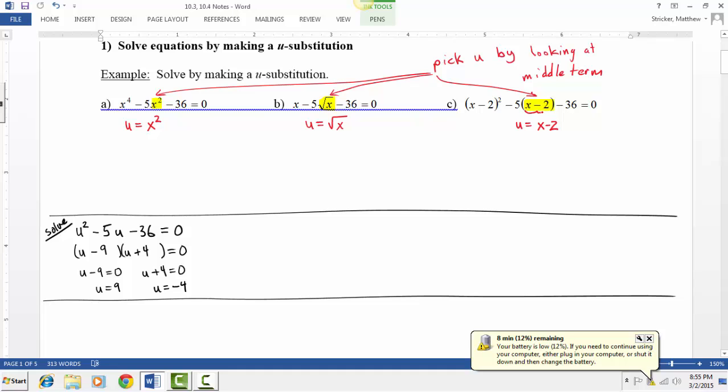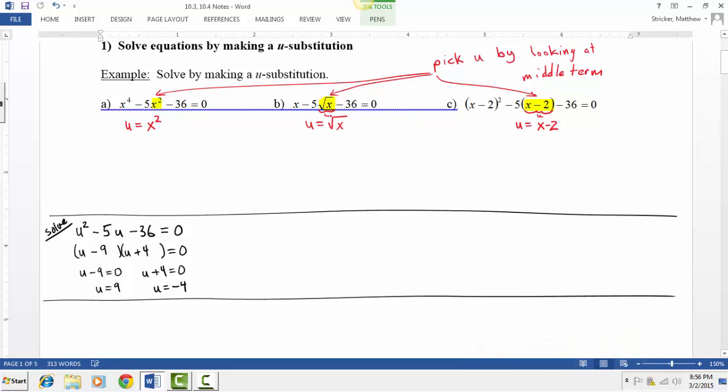Because if this is u, and this is u, and this is u, then the middle term of those equations becomes minus 5u. The minus 36 won't change. Same thing in this equation.